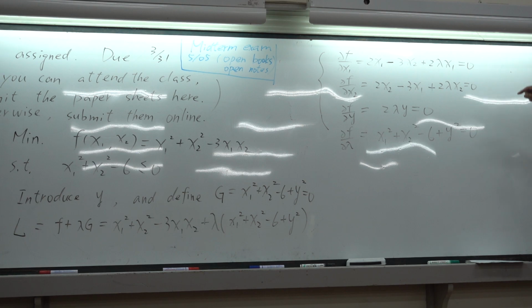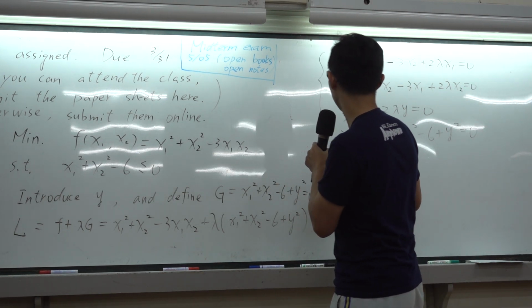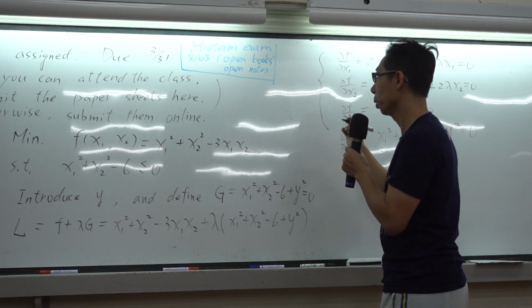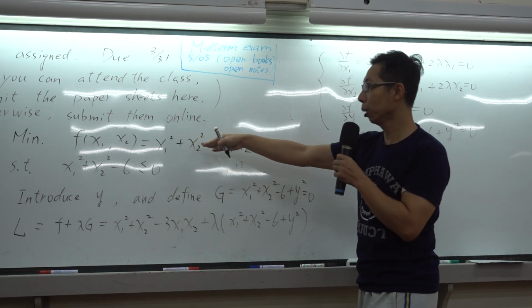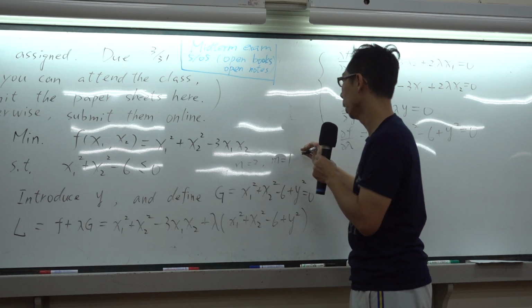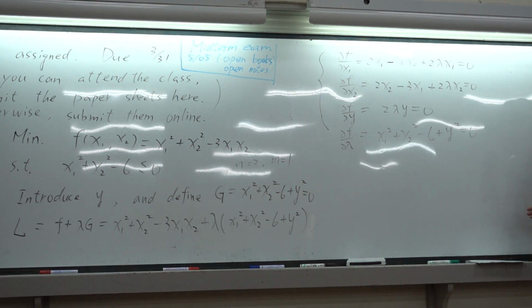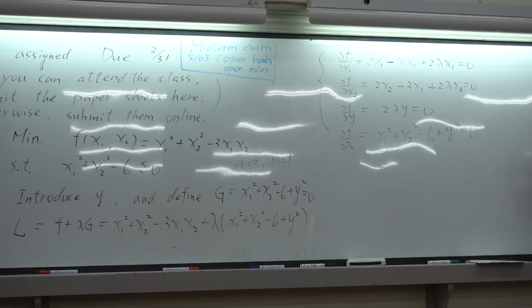Here n equals 2 is the number of original variables, and m equals 1 is the number of constraints, so the total number of variables is n plus 2m, that is 4. So in total we have 4 variables, x1, x2, y, and lambda, and we have 4 equations, so it is fine, right?